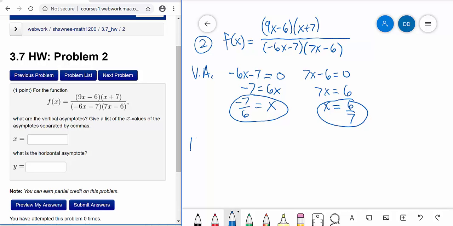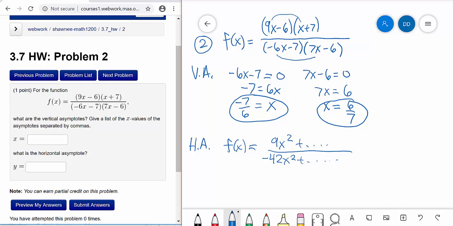Now the horizontal asymptote is going to be different than the last problem because the degree of the numerator is 2 and the degree of the denominator is 2. So if I multiply out the leading terms of the numerator, I'll get 9x squared plus other stuff. And in the denominator, if I multiply out the leading terms, I'll get minus 42x squared plus other stuff.